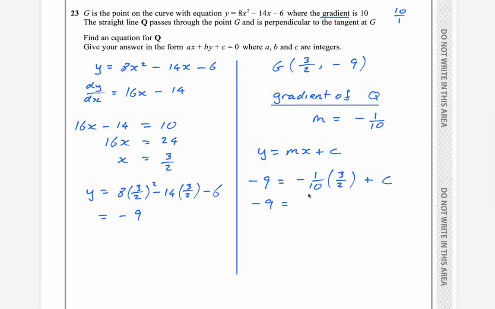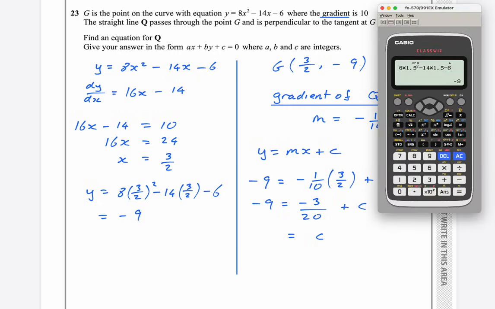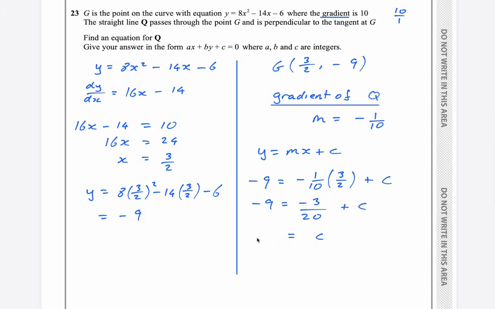Minus 9 equals, multiply top minus 3, multiply the bottom, 20. Therefore, plus c. Therefore, c is equal to minus 9 plus 3 over 20. So it's minus 9 plus 3 over 20, which is minus 177 over 20.